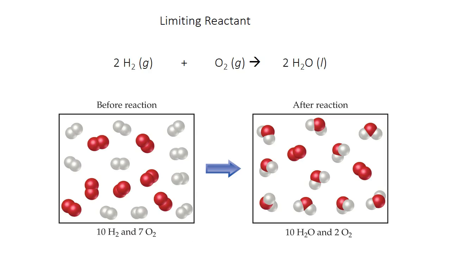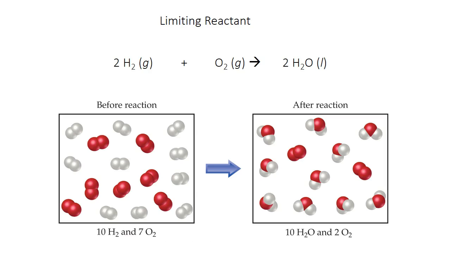So based on the number of molecules of hydrogen that were present initially, that's 10, because it is the limiting reactant, it limits the amount of product you can form. You can't ever form any more than 10 water molecules with only 10 molecules of hydrogen. It doesn't matter how much oxygen you have. If we have an unlimited supply of oxygen, it makes no difference. Once we have more than 5 molecules of oxygen, then that will be an excess reactant, and you can't get any more water out of it, right?